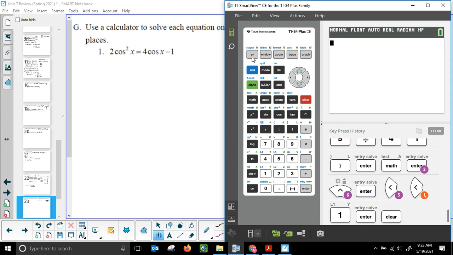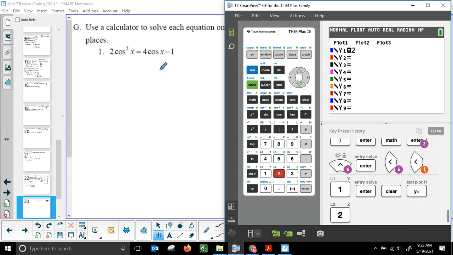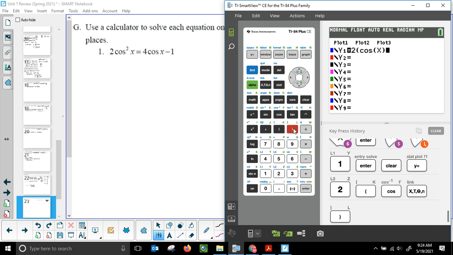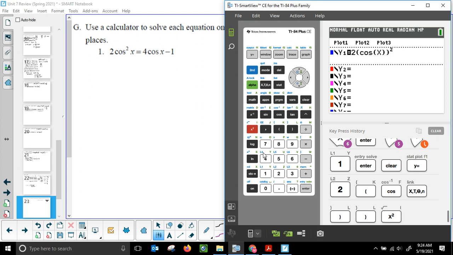All right, so what you want to do is you're going to graph these things. You're going to say, okay, y equals, in y1, you're going to put what's on one side of the equation. Now, do be careful because there's no cosine squared button. So what you have to do is actually put in parentheses cosine x, close the parentheses for the argument, close the parentheses for the cosine, and then square it.